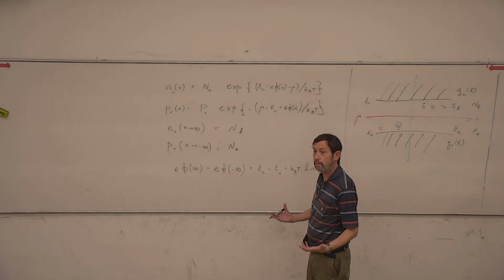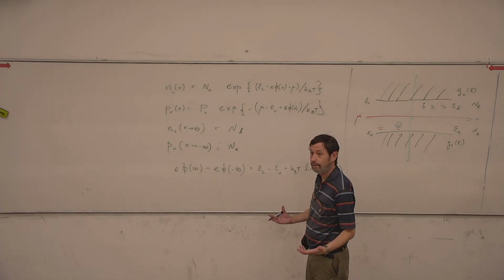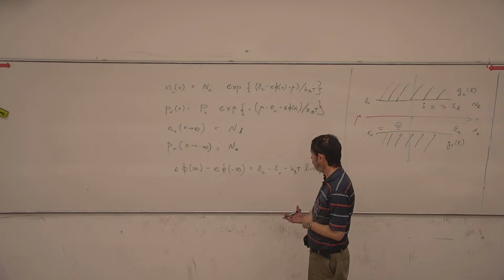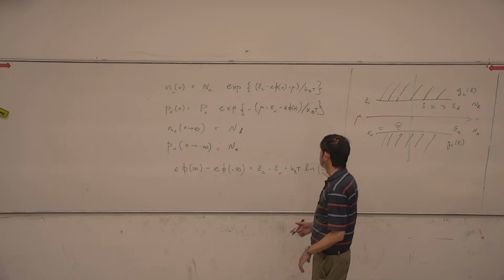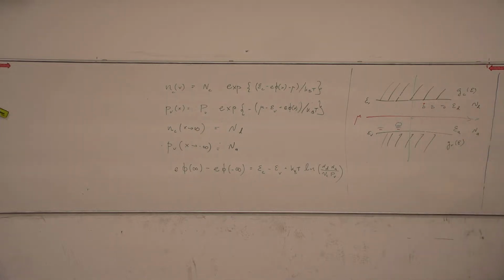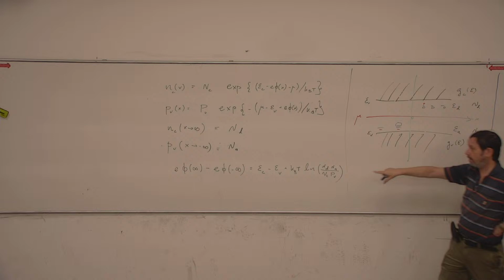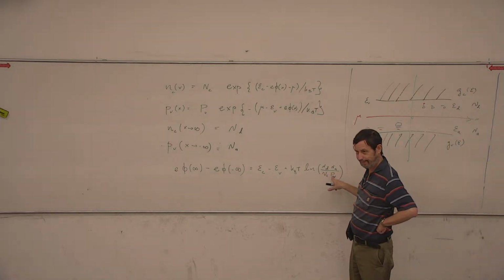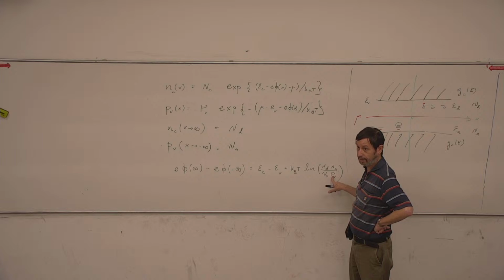Okay, what is the difference in potential? Very far to the right, the energy of an electron that moved to the conduction band is EC minus mu, and if you remember, this is mu.